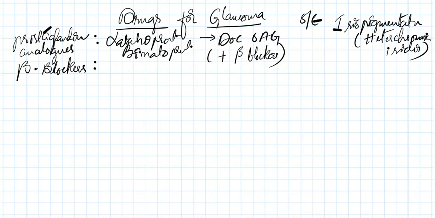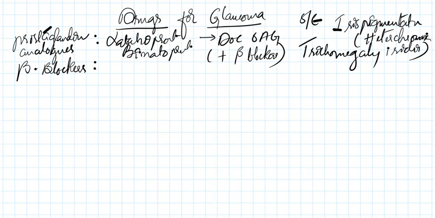Then there is also trichomegaly, growing of eyelashes. Then there is dry or sandy eyes, and it also causes cystoid macular edema.